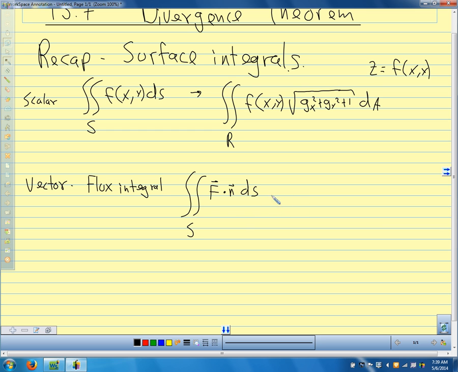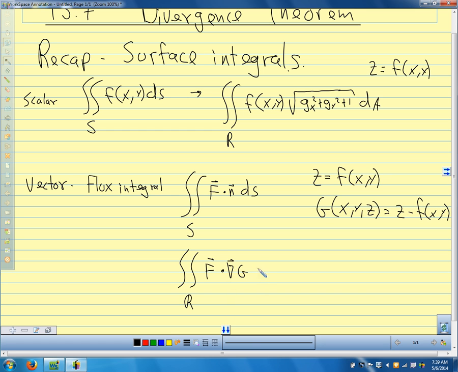If we have z equals f of x, y, we said that capital G of x, y, z was z minus f of x, y, and this flux integral was the integral over our region R in the xy plane of f dot del G dA. This is how we evaluate a flux integral if we have z equals f of x, y.